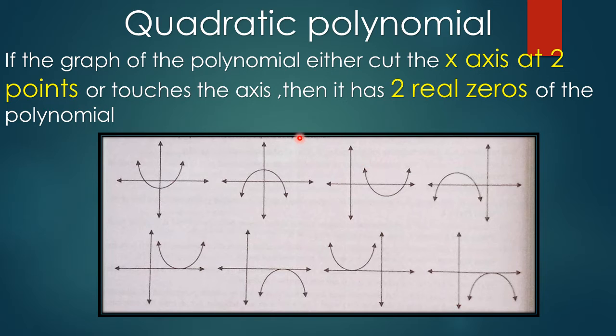So you can have less than 2 also, that is 1, where these are the examples. Though they are quadratic polynomials, they will have 1 zero also. That possibility is also there. But whenever you see this U shape, you must be able to say it is a quadratic polynomial.